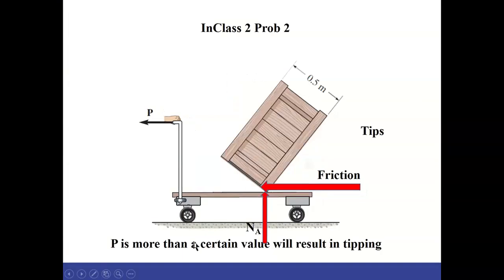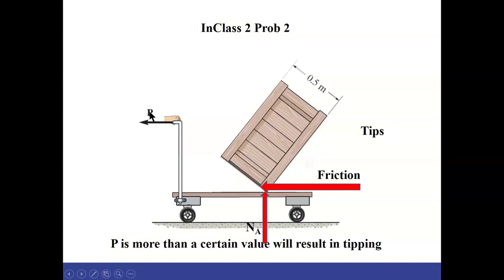But when this P force is more than a certain value, the normal force and friction force reach their limit with respect to the size of the crate. That means the line of action of the normal force reaches the corner of the crate. At that point, it will tip, and this is the maximum value of force at which this occurs, or the verge of this situation.